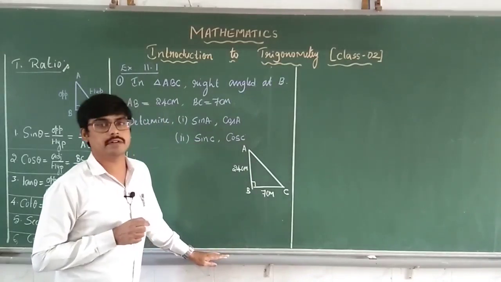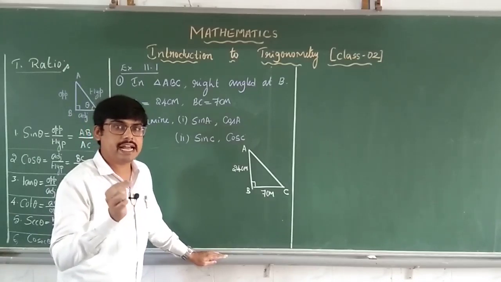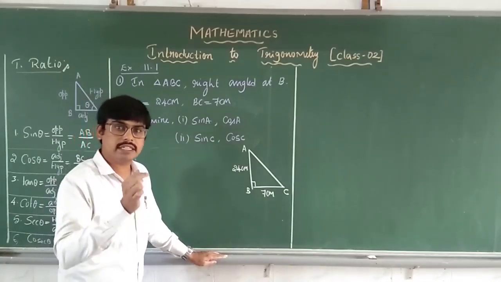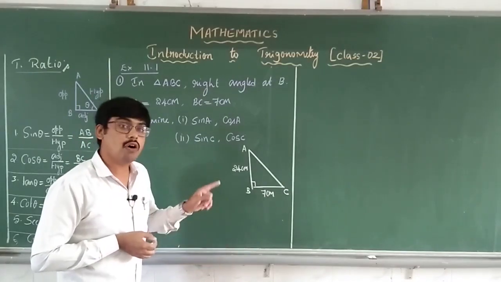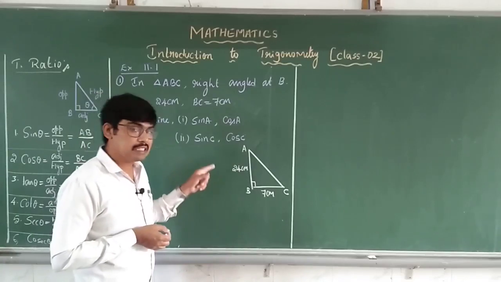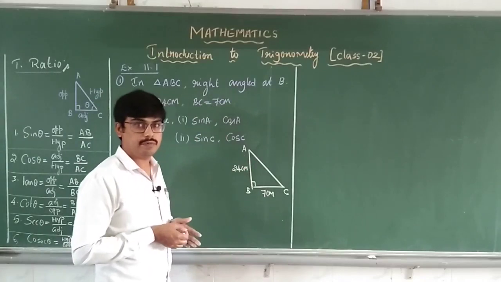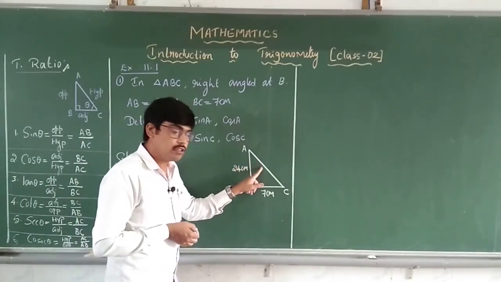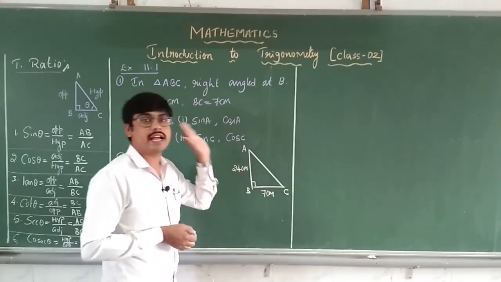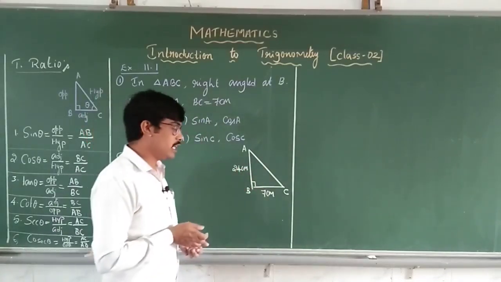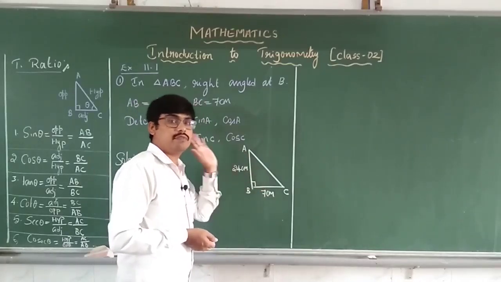The square of the longest side, that is the square of the hypotenuse in a right angle triangle, is always equal to the sum of the squares of the other two sides of the triangle. This is the statement of Pythagoras theorem. Then by using that statement, we can find the length of the third side of the triangle.